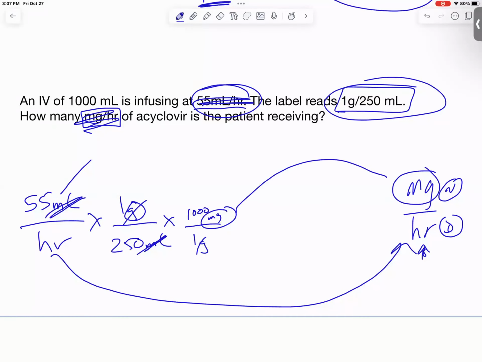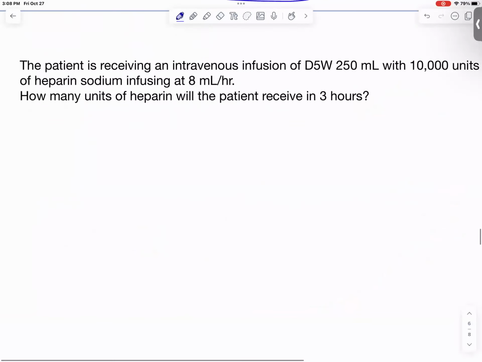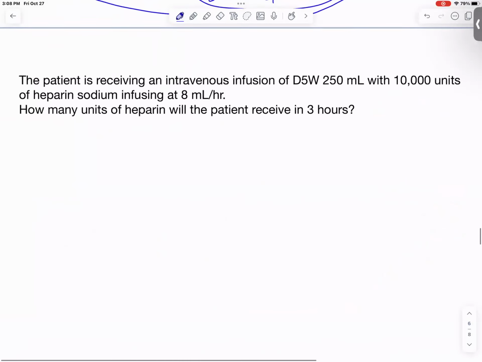Boom. And that is it. So now it's just math. So 55 times 1,000 is 55,000, and then 250 times 1 is 250. When I divide that into each other, it will give me 220 milligrams an hour. Beautiful.